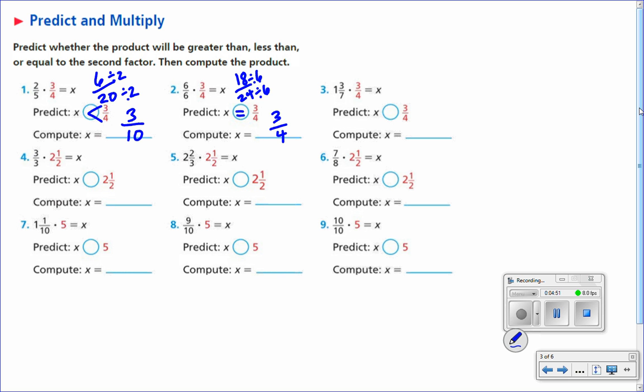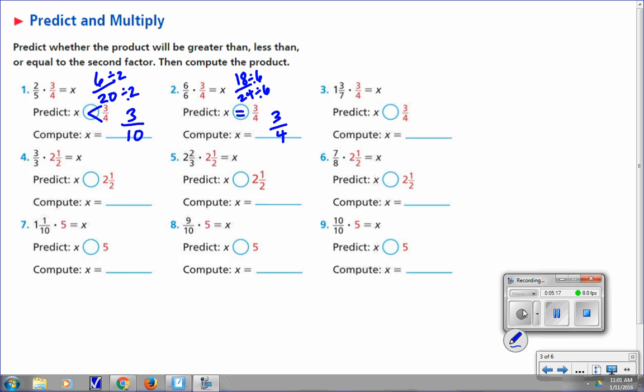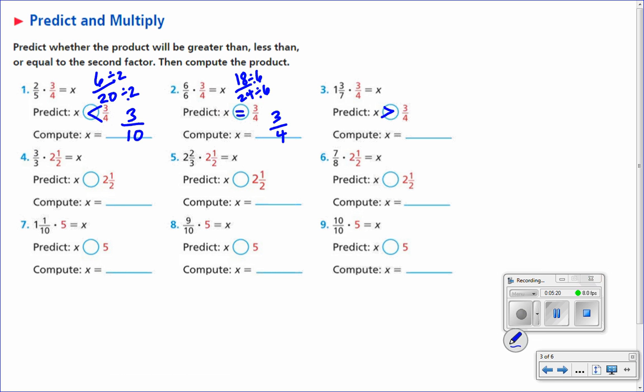All right. We got one with a whole number. You ready? 1 3/7 of 3/4. Is it going to be greater than or less than 3/4? So you're taking 1 whole and 3/7 of 3/4. Is the answer going to be greater than or less than? Ask your partner. Talk to your partner. If you guessed greater than, you would be correct. Because taking what we already know, you're taking some and then some. Right? If you're multiplying this, the first thing you have to do is make this what?